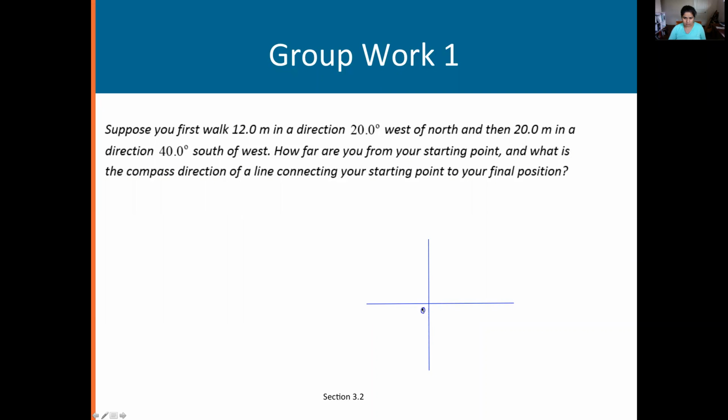So here's my origin, and this is going to be my positive x direction, and this is going to be my positive y direction, okay? Which means this is north, this is south, this is east, and this is west.